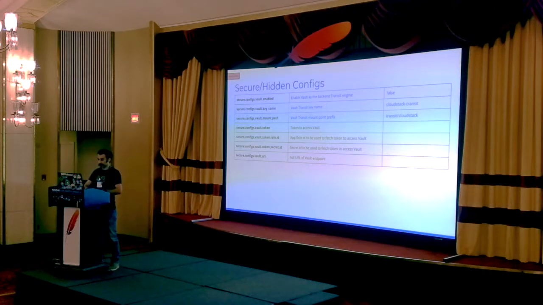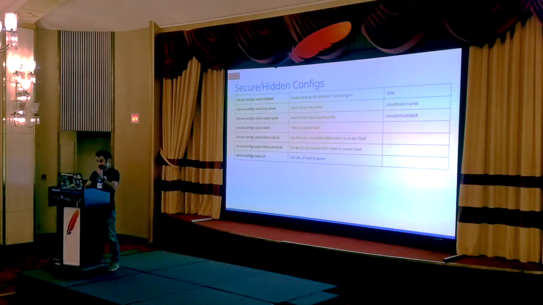The token is the same thing, because one token rules them all. But the app role and secret ID are specific, so these two are not redundant between the KVv2 plugin and the secure config plugin. But the Vault URL and token are exactly the same, as I mentioned before.